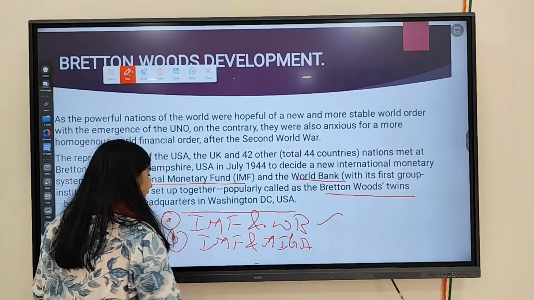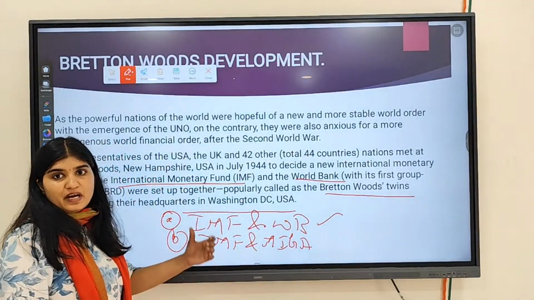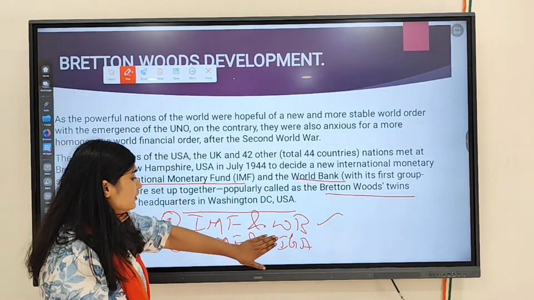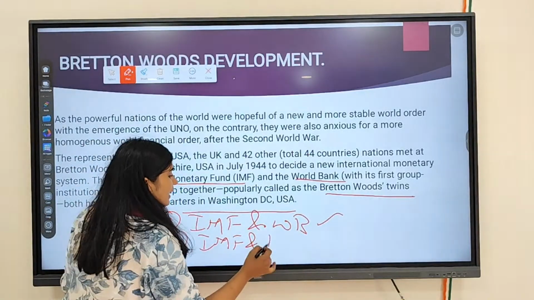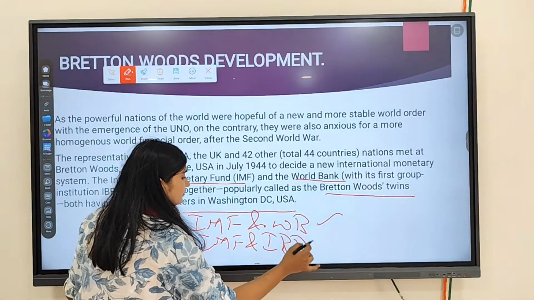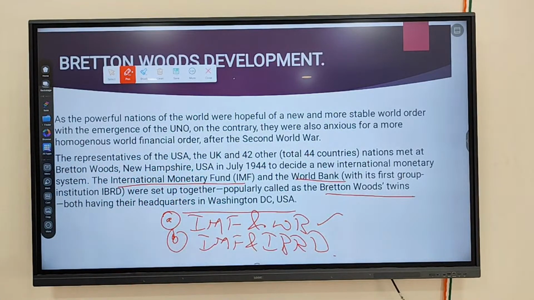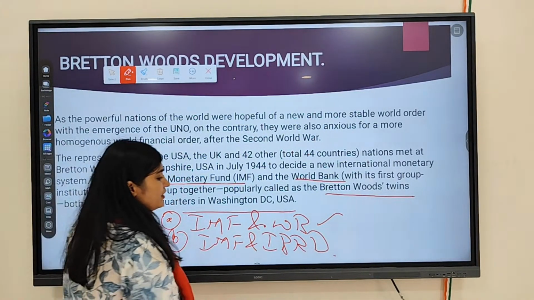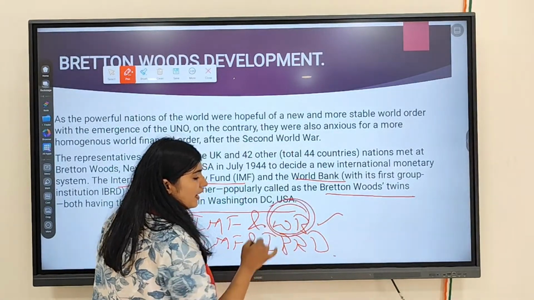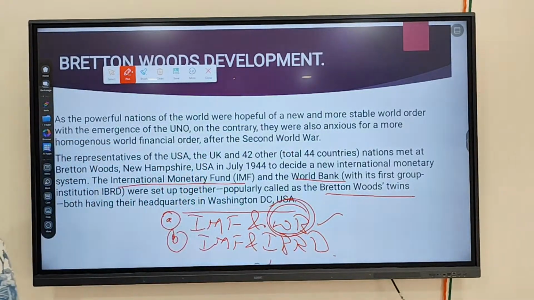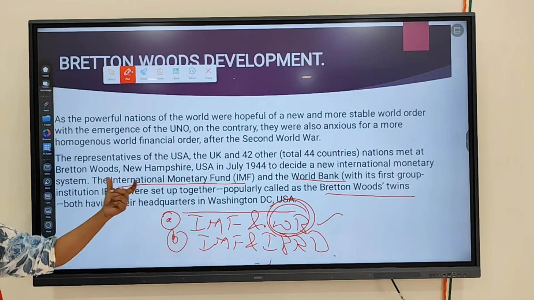It should be either IMF and World Bank, or IMF and IBRD. IBRD was one of the institutions of the World Bank. Now it has 5 in number, but initially it was one branch of the World Bank, that is IBRD.